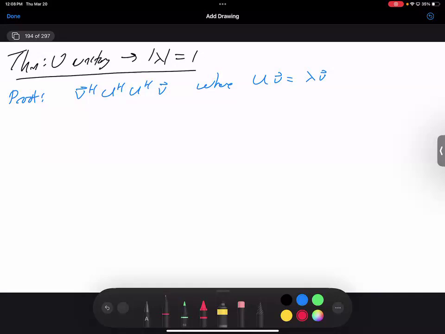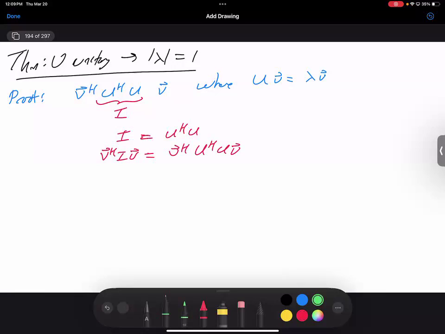Yeah, this is just the identity. That's why I'm looking at this. I'm really starting off with the identity equals U Hermitian U, and now let's just sandwich that with an eigenvector. That's where I'm looking at this.